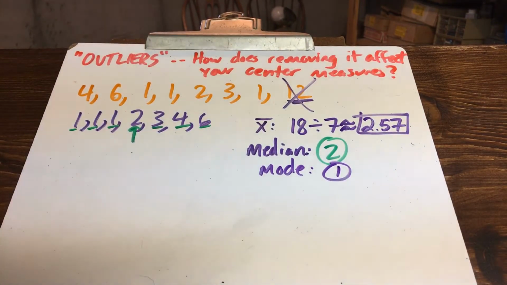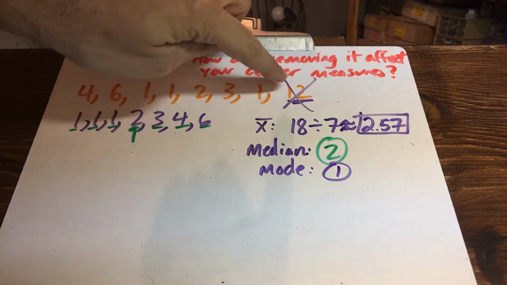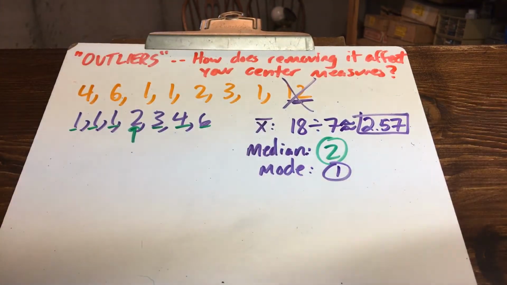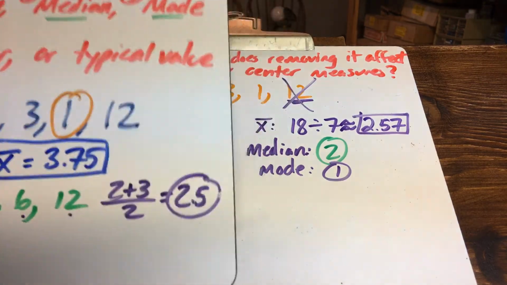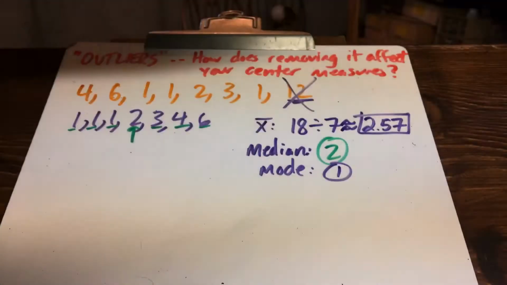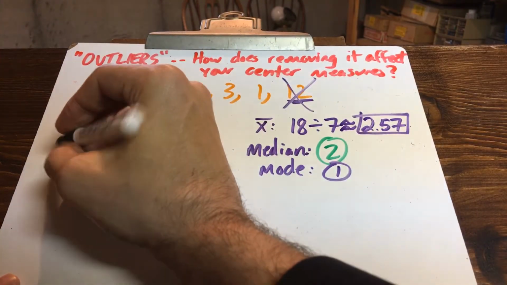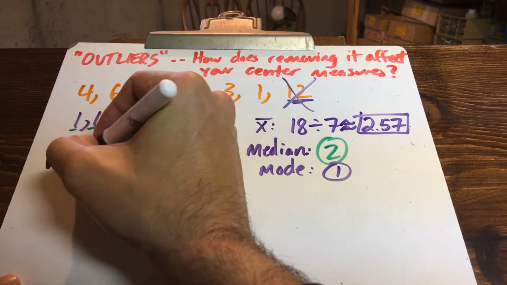So what they'll ask you is remove the outlier. We just took the number 12, wiped it away from the list. I calculated the mean, median, and mode without the outlier in there. And now it'll say, compare that to your previous answers, which you remember were our previous answers right here, right? Let me copy those down. So this is with the outlier, right?